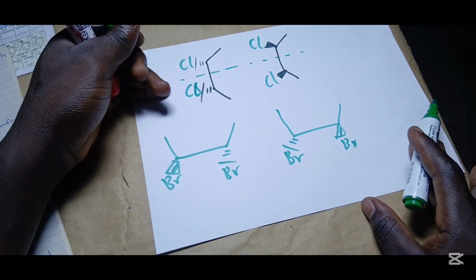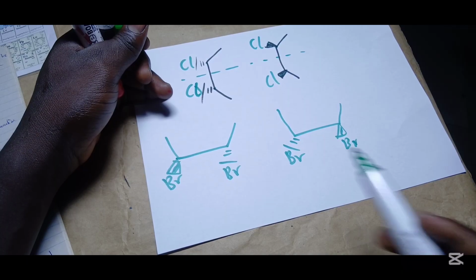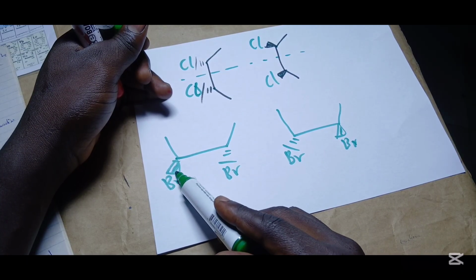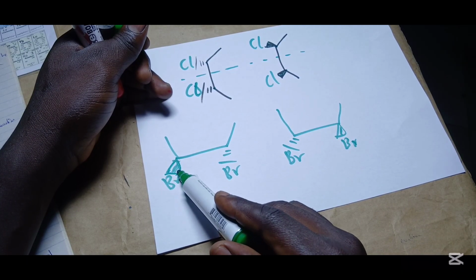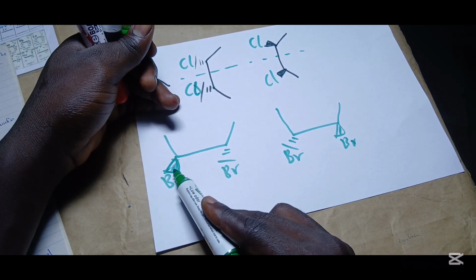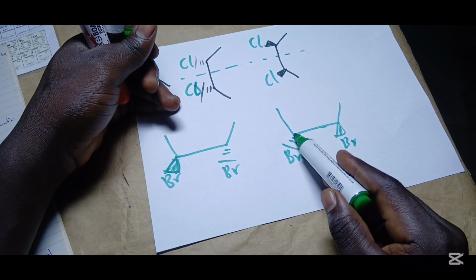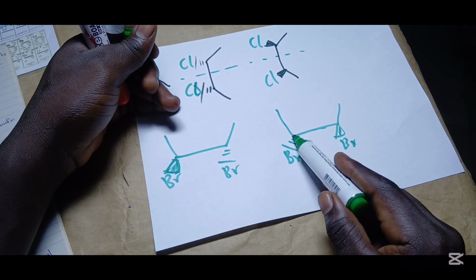But what is happening? You will see that one of the centers has changed. Here bromine is on the solid wedge. If you compare it to this molecule, bromine should be here on the solid wedge.